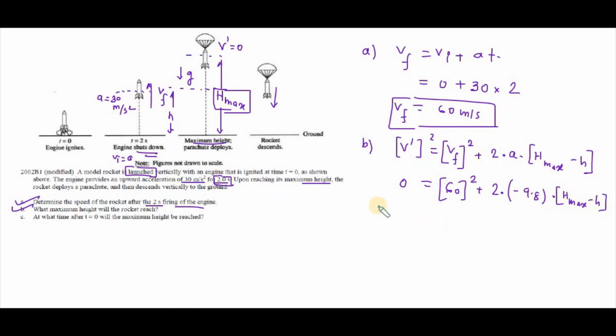So from there we can easily determine the value of h max minus h. It would be equal to 60 square upon 2 into 9.8 meter per second square. If we calculate that, we are getting 183.67 meter.